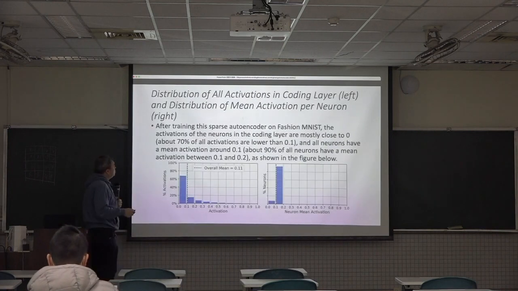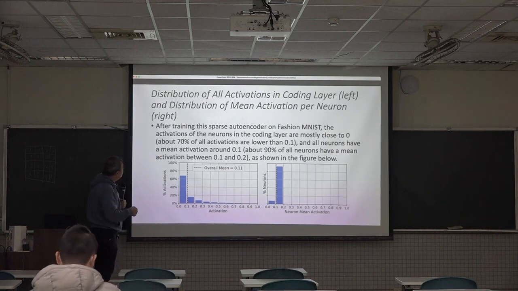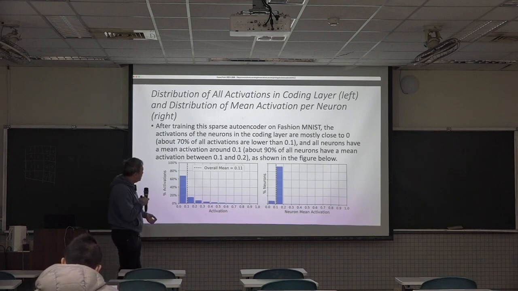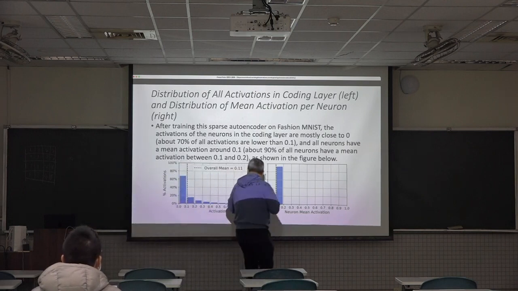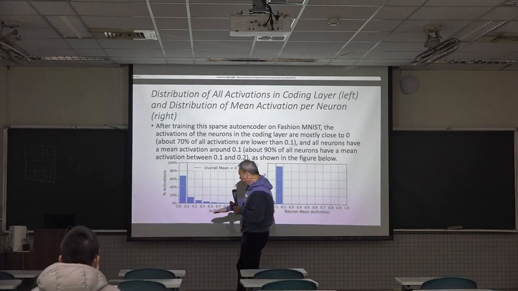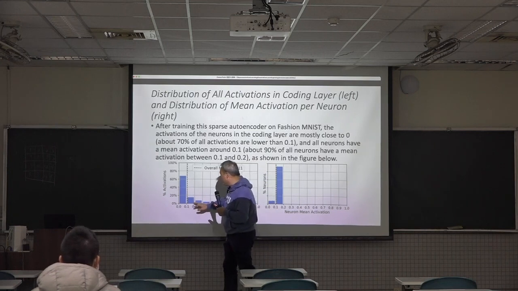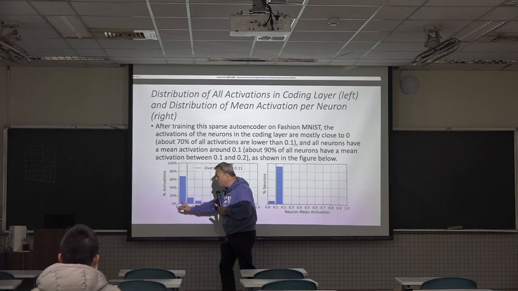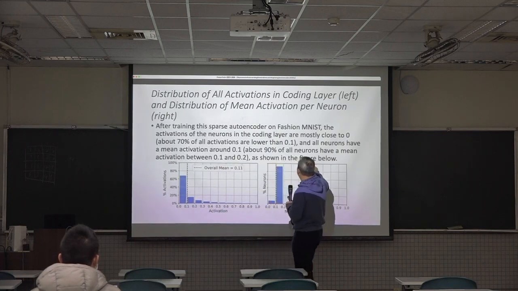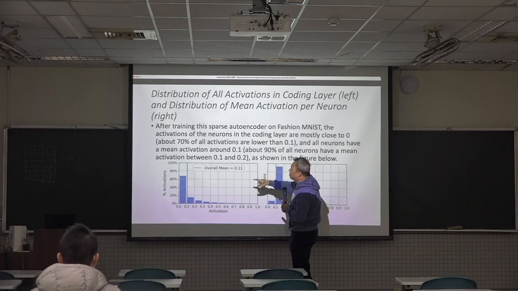If you train this model and see how it reacts to your dataset, you will find that about 90% of the neurons have a percentage of activation within 0.1 to lower than 0.2. The average is about 0.1.